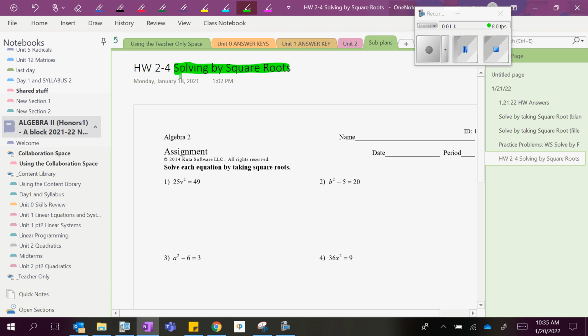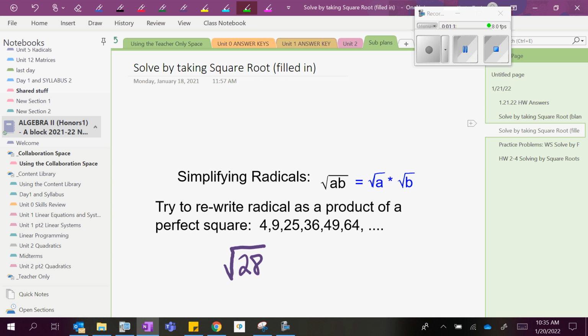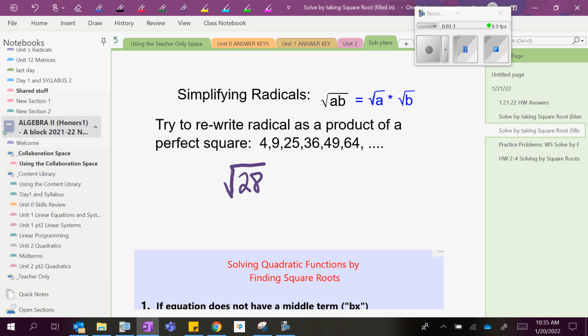Okay, so let's jump into the notes. Just a quick review, when we talk about simplifying a radical, we want to rewrite the radical as the product of a perfect square. So these are the first couple perfect squares that we know of, and we continued. We had more of a complete list last class.